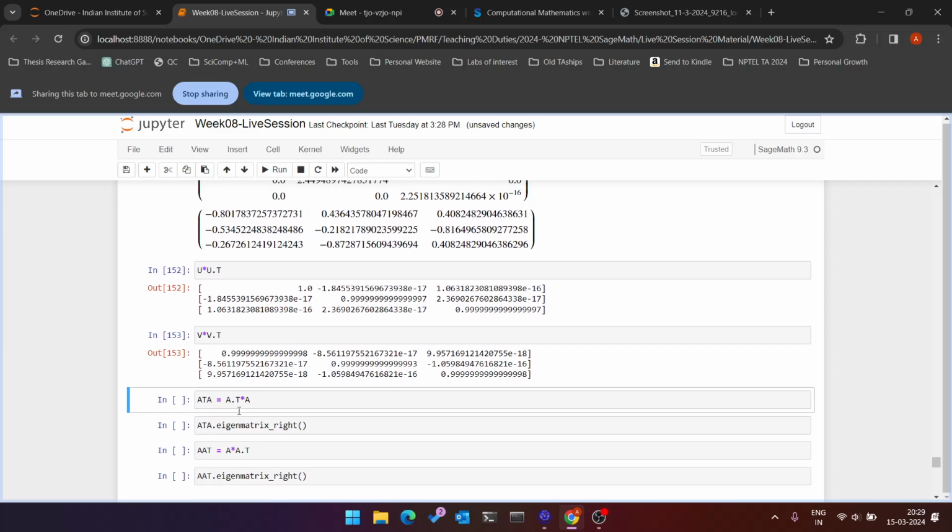If I do U into U transpose and V into V transpose, those basically correspond to the right eigenmatrix of A transpose A and A into A transpose respectively.